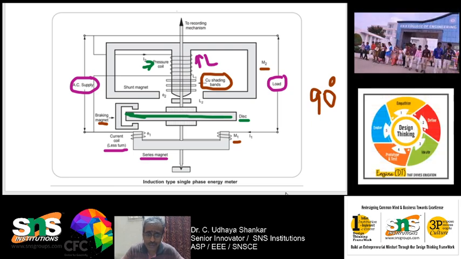Then the braking system. What is the use of this braking magnet? Why is this braking magnet used?